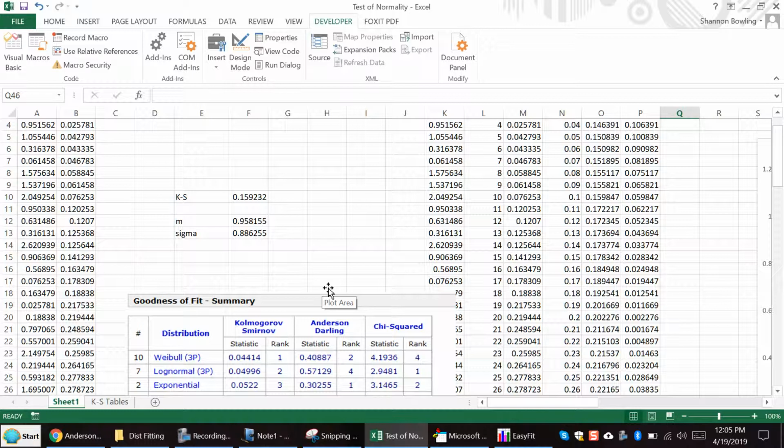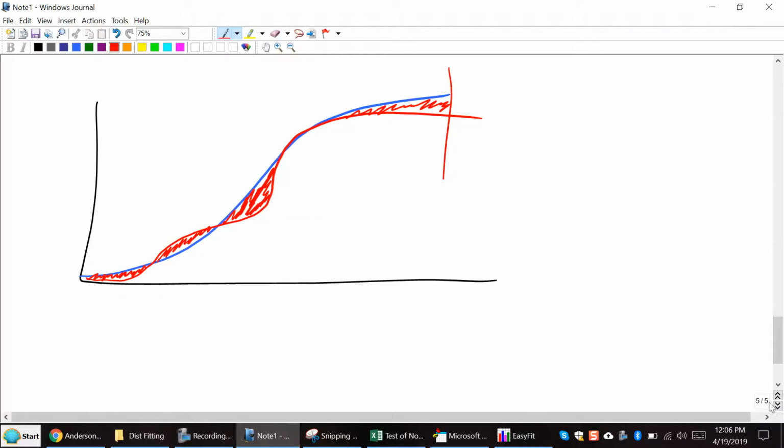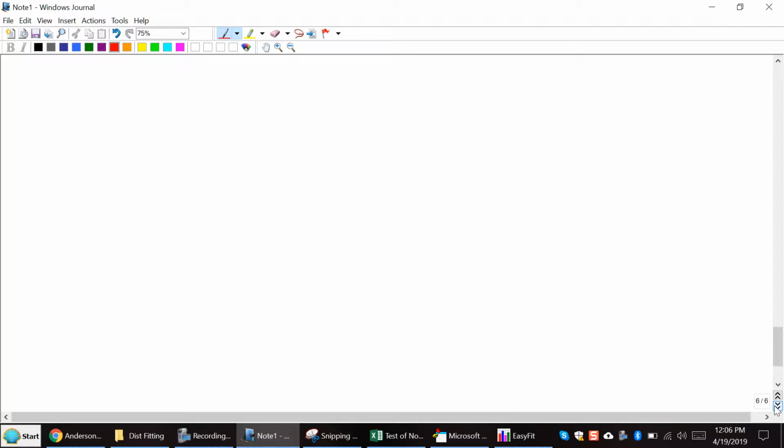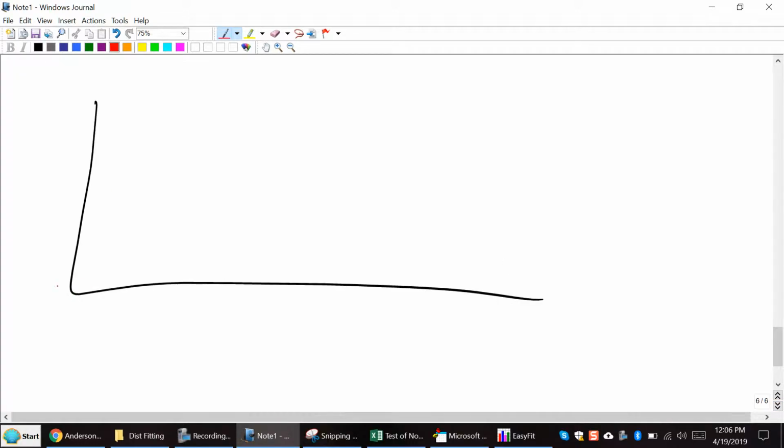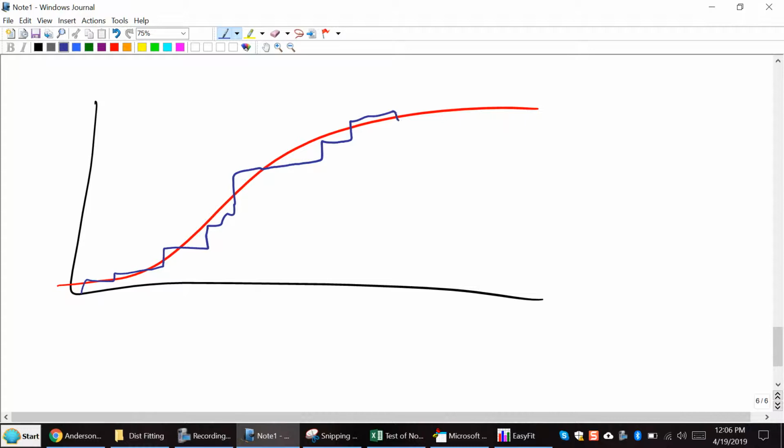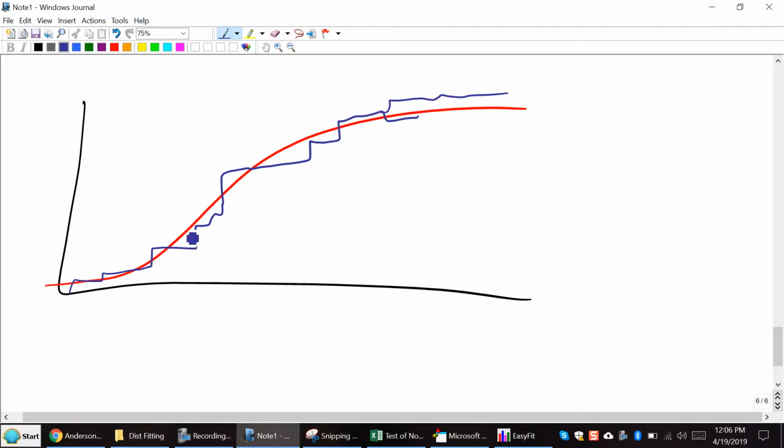You can come up with your own technique. That's the great thing. Someone's probably already done it, but let's suppose my theoretical distribution looks like this, and my empirical distribution, it's not going to look like that because it's got to keep going up. But you may want to take the tangential distance or something like that.